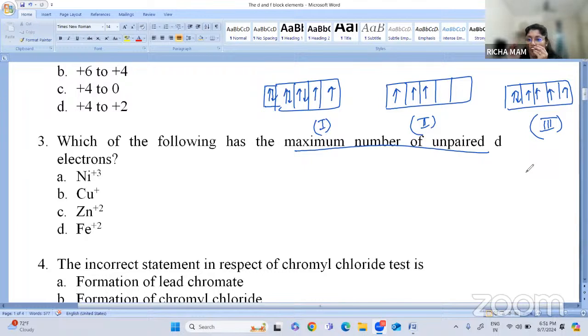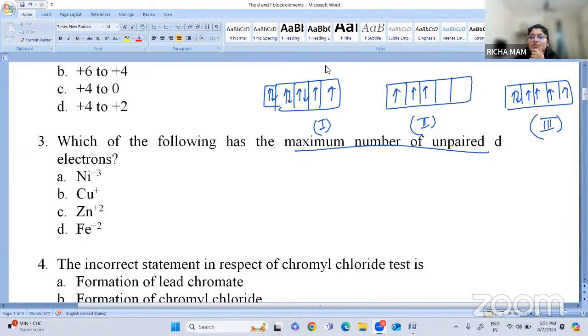Observe all the 3 and see in which case unpaired electrons are more. Unpaired means there is no pairing. Just see one more time properly. Third case, ma'am. Janvi has also answered the third case.